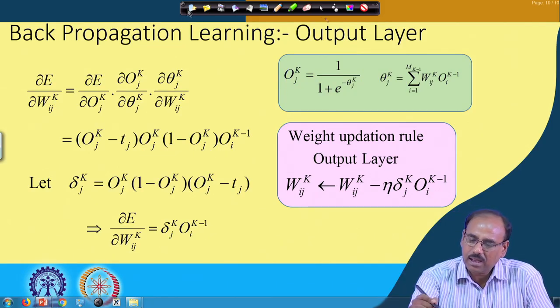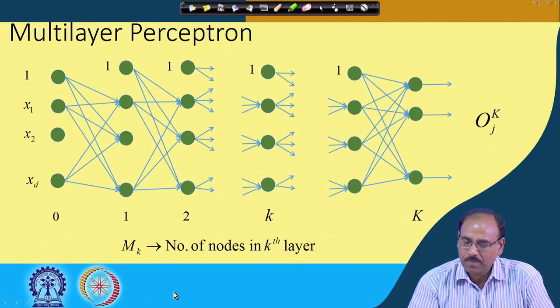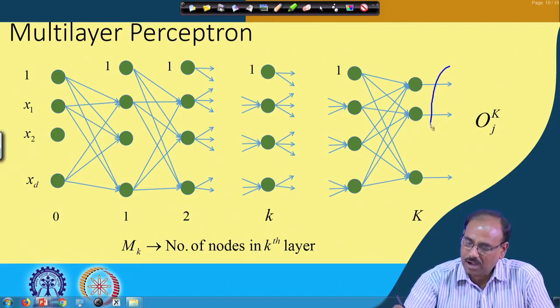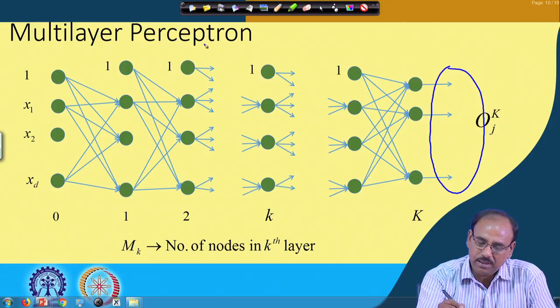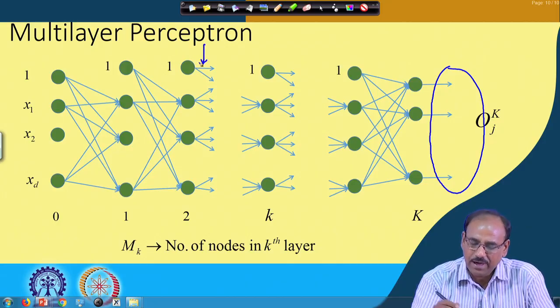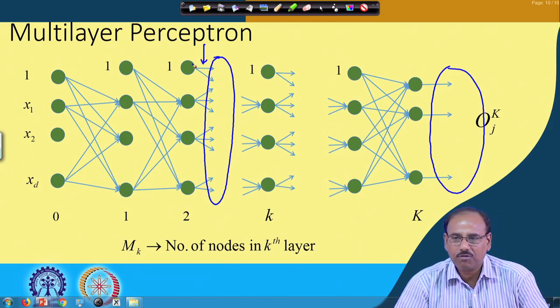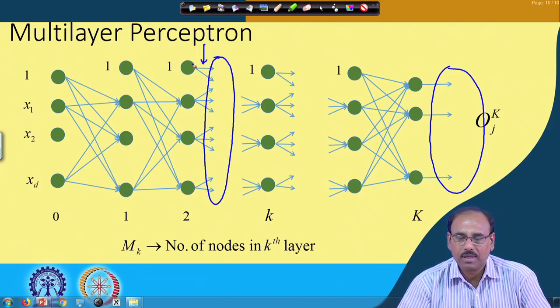Now, let us see how we can update the weights of the hidden layer. As we said, I can only compute error at the output layer. This is where I can compute the error. But when I am updating the weights at the hidden layer, I cannot compute the error at the output of any of the hidden layers, because I don't know what the target output is over here.